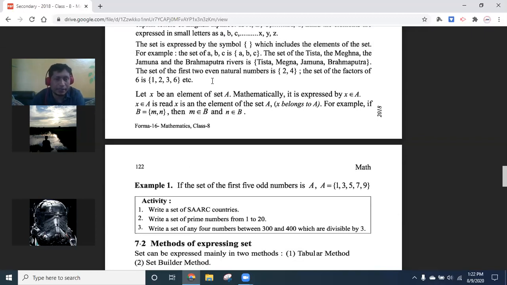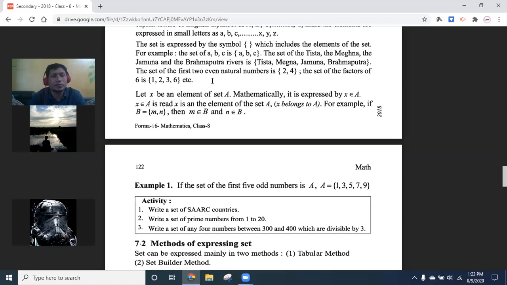Sets are represented by second brackets. That is, we have to enclose the sets by second brackets. It's a universal, worldwide recognized system that we express a set using second brackets, and we have to separate every element, that is every member, by comma.